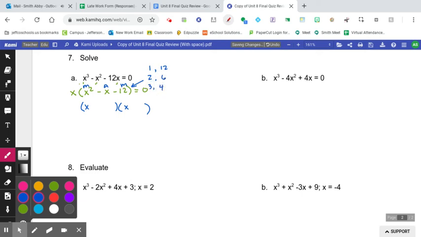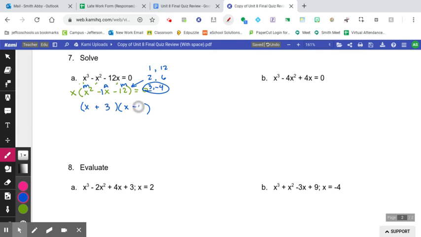Is there any way that I could use these numbers to combine to -1? Yeah, I could do this. And I could make the 4 the negative, because 3 plus -4 is -1. I still have that x from before chilling right here, and it's still equal to 0.